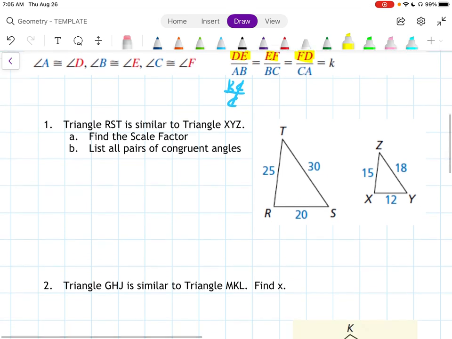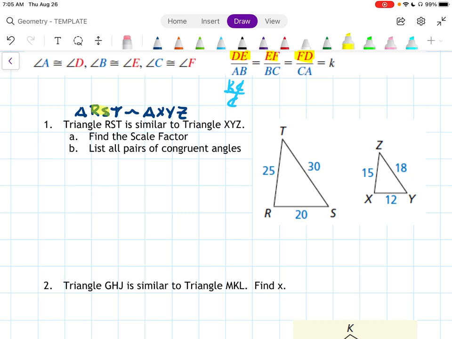Number one, triangle RST. And whenever I type this up, I always use the words, but you can use the symbols whenever you take notes. So this is triangle RST is similar to triangle XYZ. Starting off, find the scale factor. Well, I'm going to pick a side.